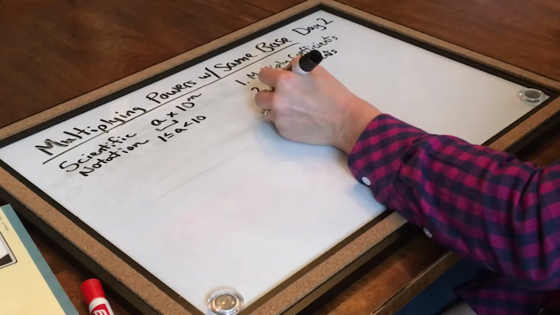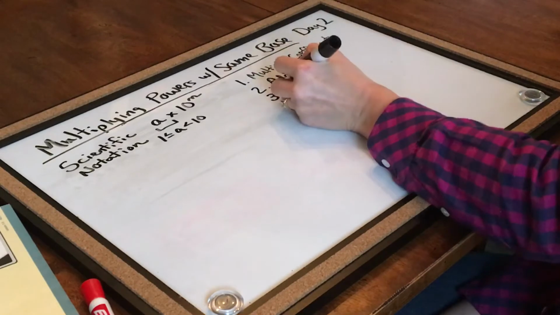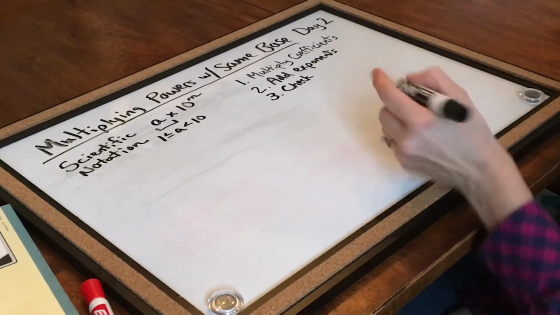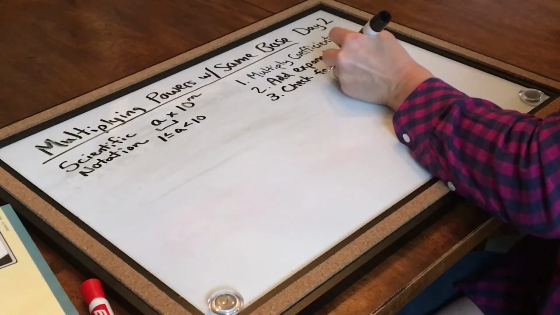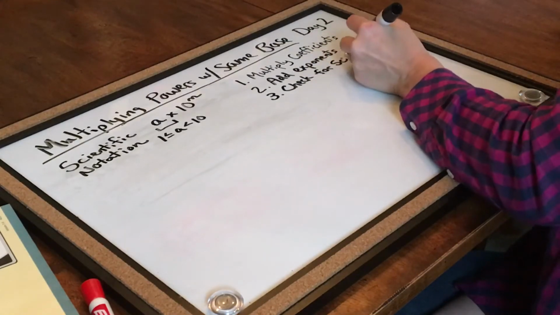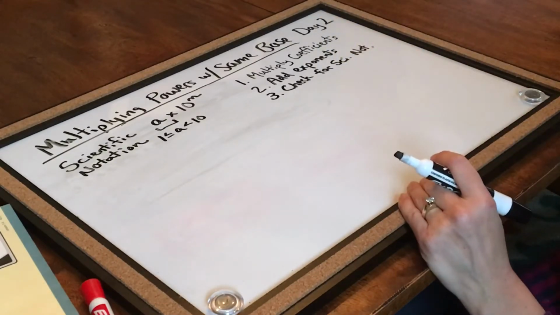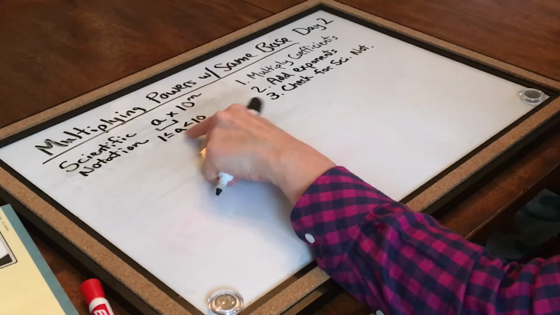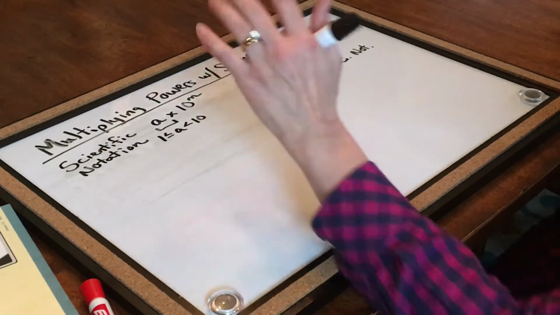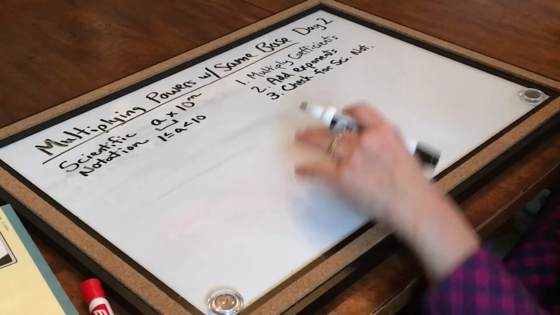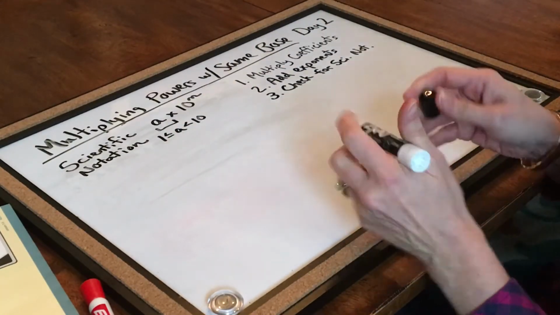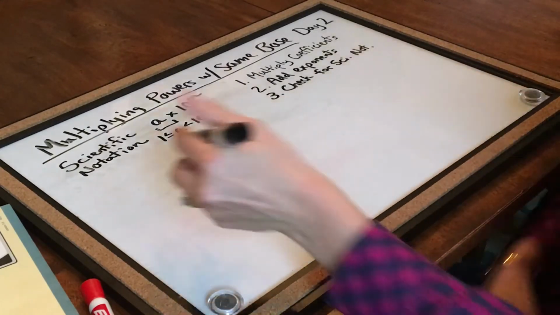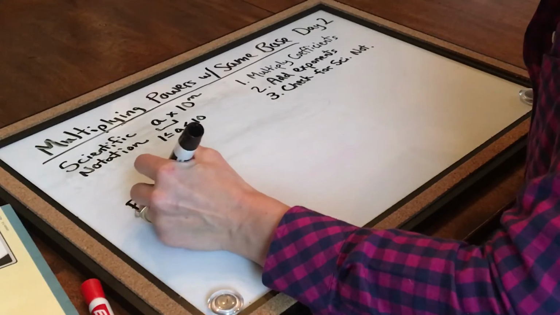Last but not least, we check that our answer is still in scientific notation. Once we multiply, the coefficient might not be between 1 and 10 anymore, so we might have to do a little juggling to get it between 1 and 10.